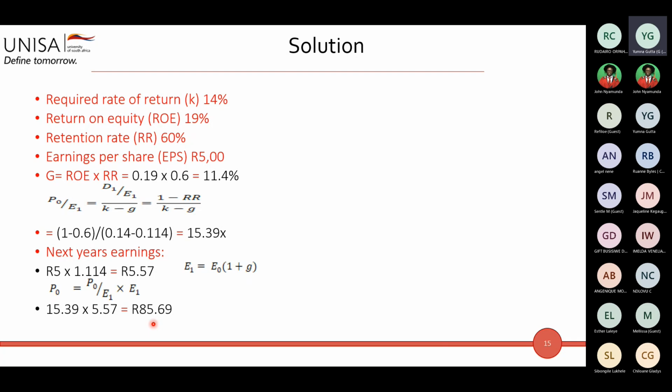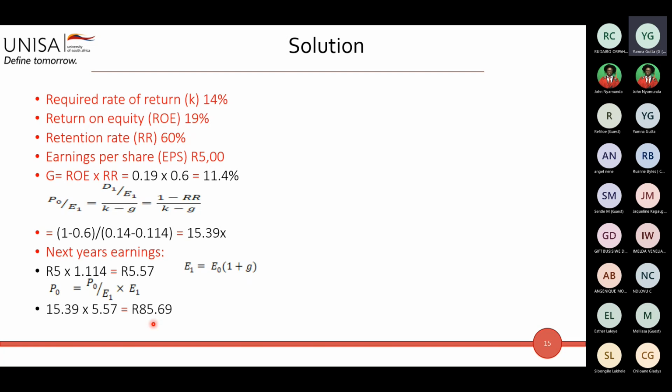Sometimes, if you calculate your growth rate and it is higher than your required rate of return, what does that mean? That means you can't compute using this formula. In that case, you either need to check if you calculated correctly, or it's a trick question.